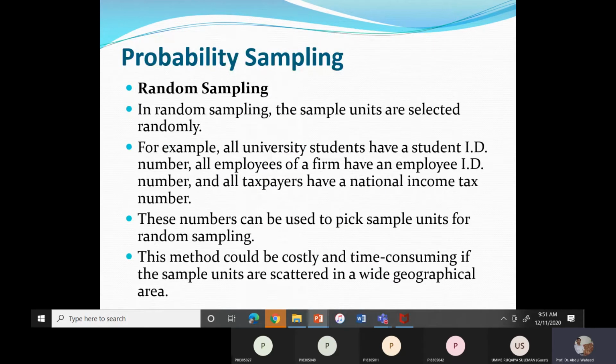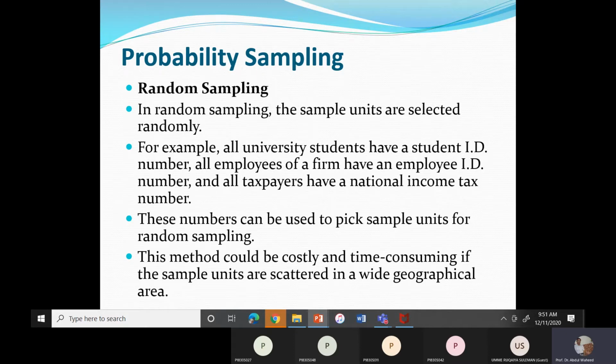Now in probability sampling, the first one is random sampling. In random sampling, the sample units are selected randomly. We don't make any choice. We just select the sample unit randomly. For example, if you have to get data from university students, we can use the ID of the university students, and then we can draw the samples.